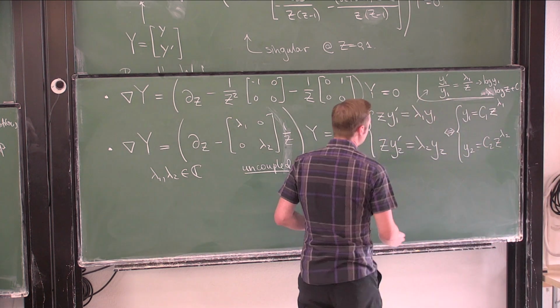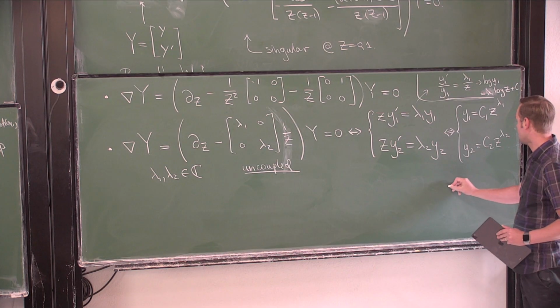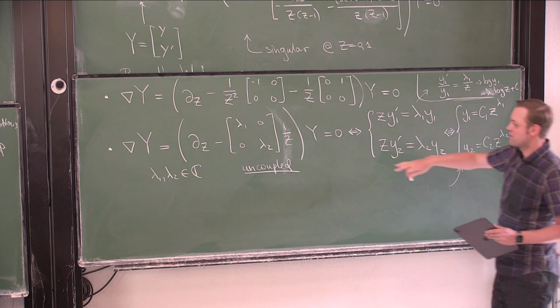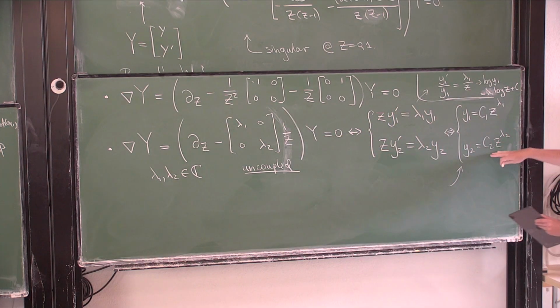One reason I wanted to write this explicitly is so that you can look at the form of these equations and notice that whenever we have a pole, our solutions behave in a similarly singular fashion. These functions are genuinely singular unless lambda 1 and lambda 2 are both equal to 0. We have a logarithm, so there's a logarithmic singularity at z equal to 0.